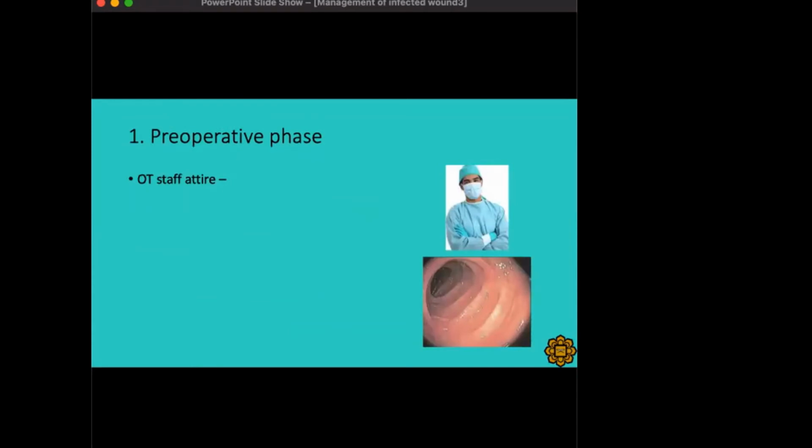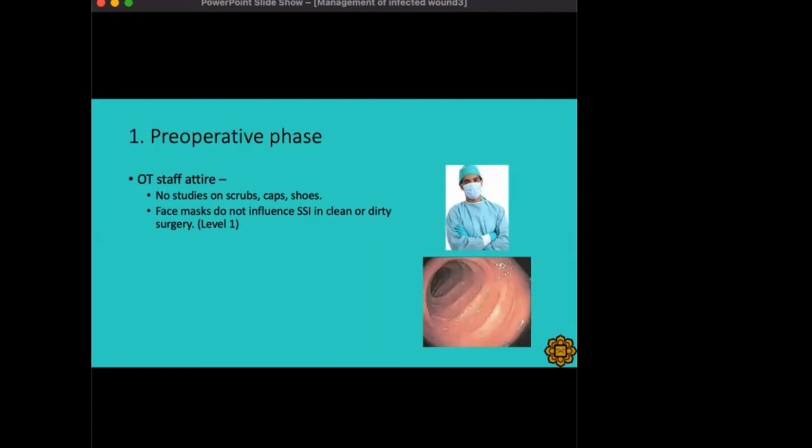Another one for the pre-operative phase is OT staff attire. There are no studies on scrubs, caps, and shoes, but obviously it's for your own protection as well. So face mask, actually there's no evidence. This is level 1 evidence to say that face masks influence SSI in clean or dirty surgery.